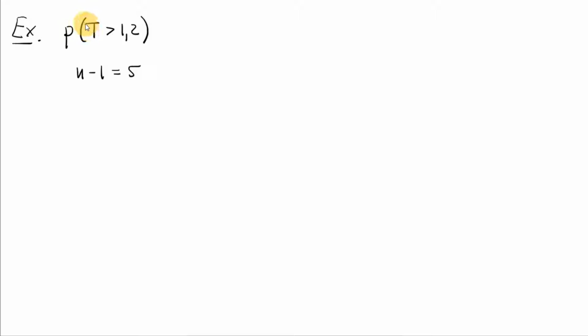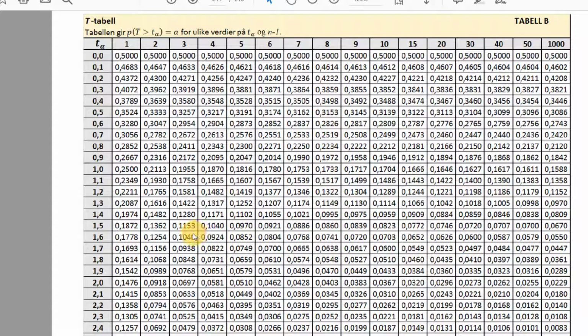So let's say that we want to find the probability of getting t larger than 1.2, that is, t alpha is 1.2, for 5 degrees of freedom, that is, n is equal to 6. Then you can look at this t table, and you see here, in the same way as for the z table, the probability for t being larger than t alpha is equal to alpha.